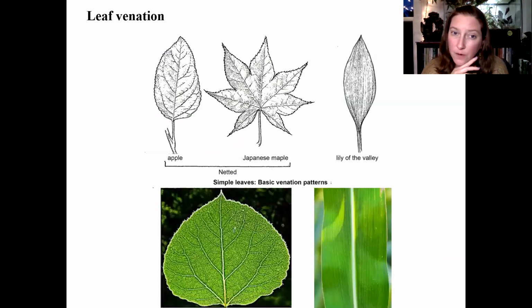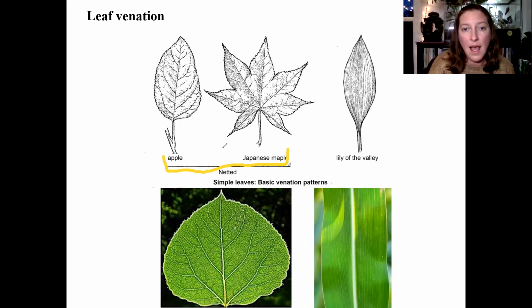On the bottom here, look how it says that this apple and this Japanese maple have veins that they are calling netted, right? On this slide it says netted, whereas this lily of the valley doesn't have that. Netted means it's kind of like a net, like it casts a wide web, and there's a lot going on, right?